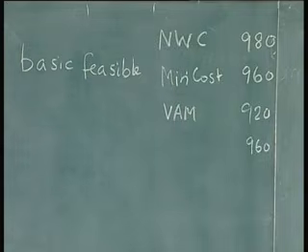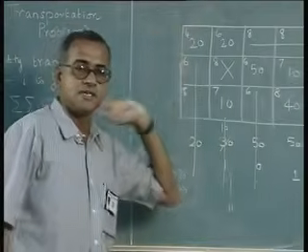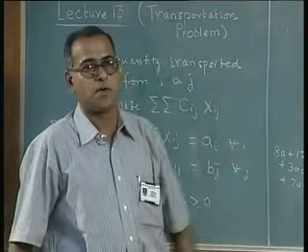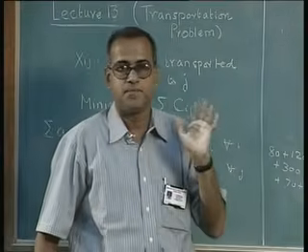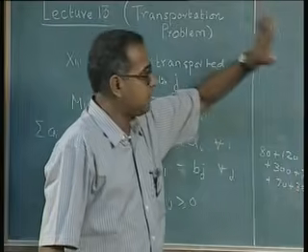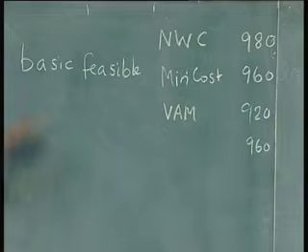We could, for example, have arbitrary starting solutions created using different algorithms and different methods, and we could use them also as starting solutions, but the only thing we have to ensure is that any solution that we use as a starting solution to the transportation problem is basic feasible.